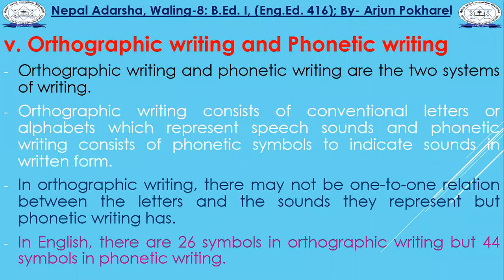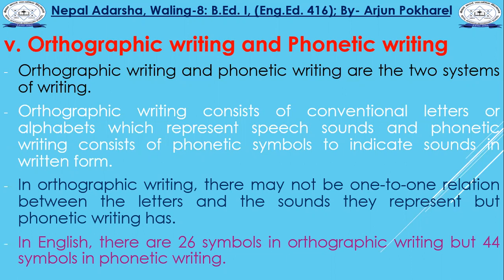In English, how many symbols are there in orthographic writing? 26 symbols: A, B, C, D, E, F, G up to Z, we have 26 symbols.